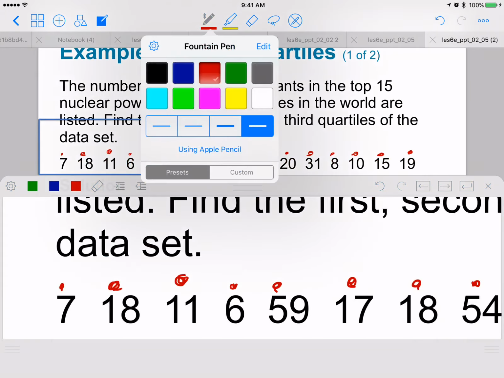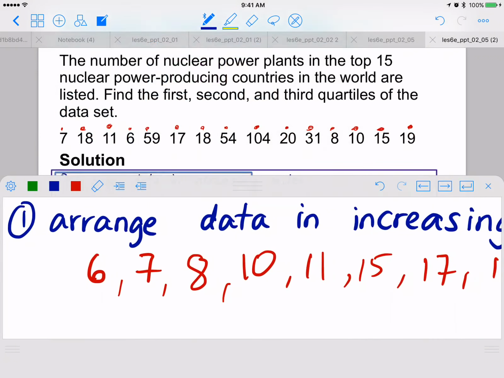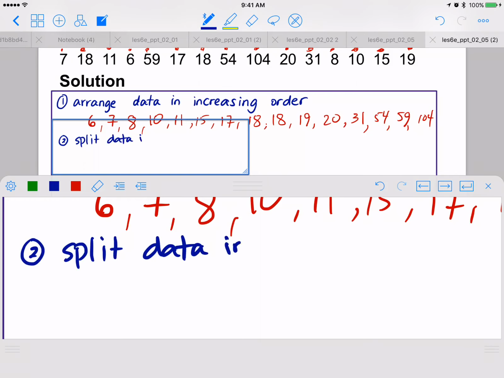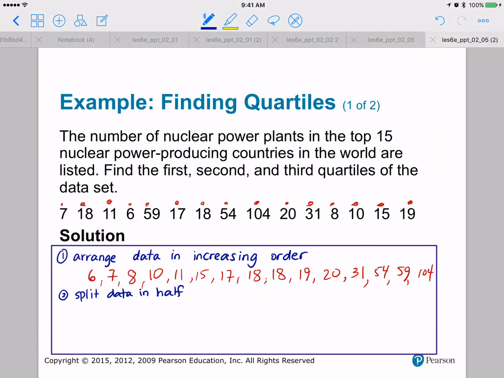The second step is now split the data in half. When we say split the data in half, here's what we mean.